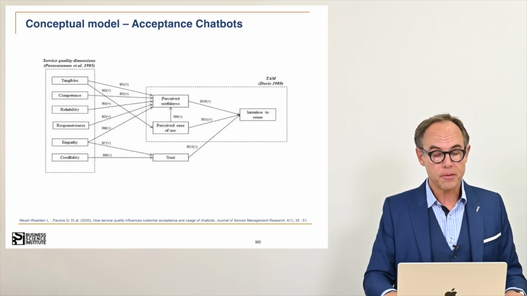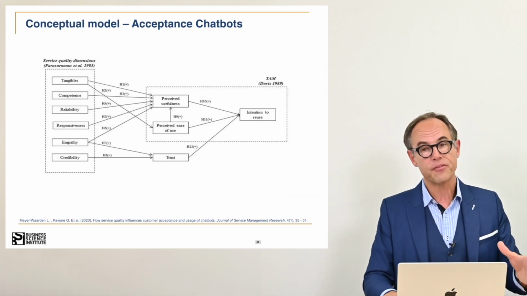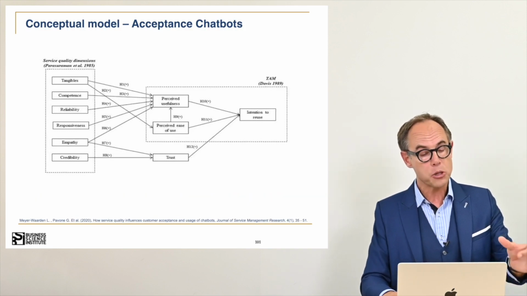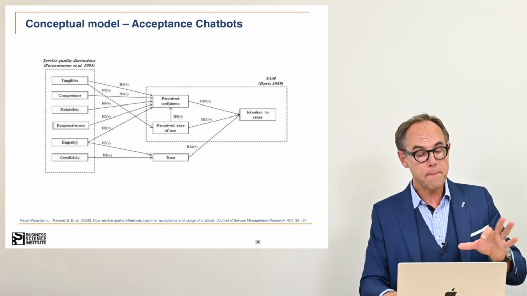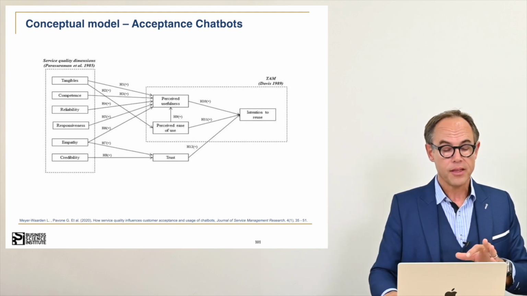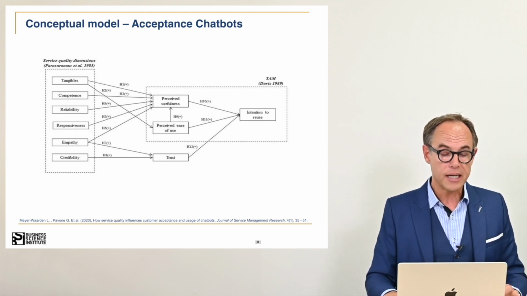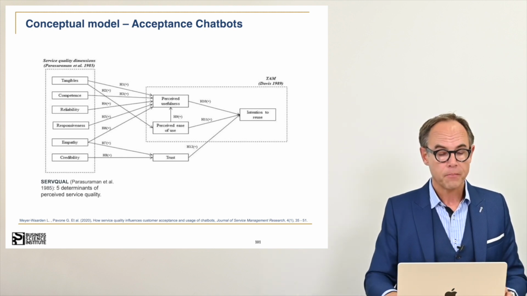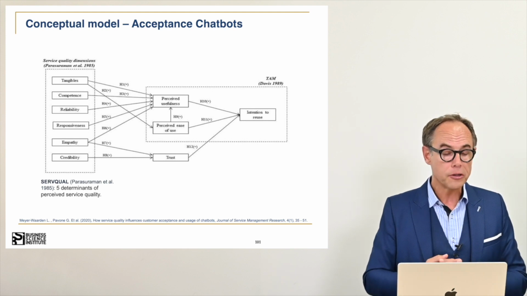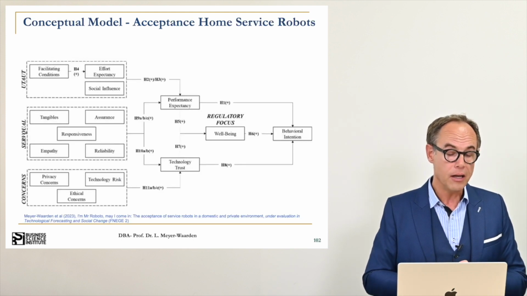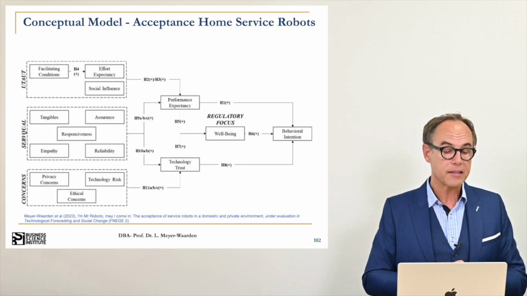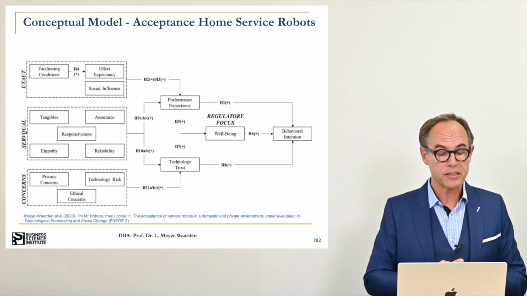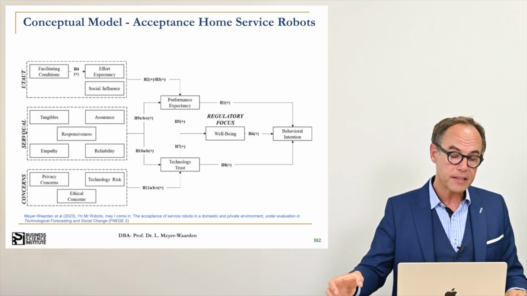Here's a model for acceptance of chatbots, where we have service quality, the different dimensions, reliability, competence, impacting positively the perceived usefulness and trust, subsequently intention to use. The model for service robots, here again UT in the upper part, with effort expectancy, social influence, and facilitating conditions on performance expectancy.